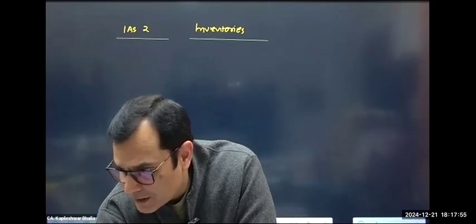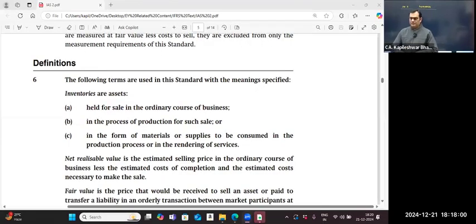Okay, so let's do one thing. I am going to give you the definition. Just hold on for a second. I will not explain the definition to you. You need to apply your own thoughts, and based on that, you can decide. I'm just sharing the screen. Let me know if you can see the screen, inventories. Okay, great. So you can read the definition of inventories, which is given in the standard.